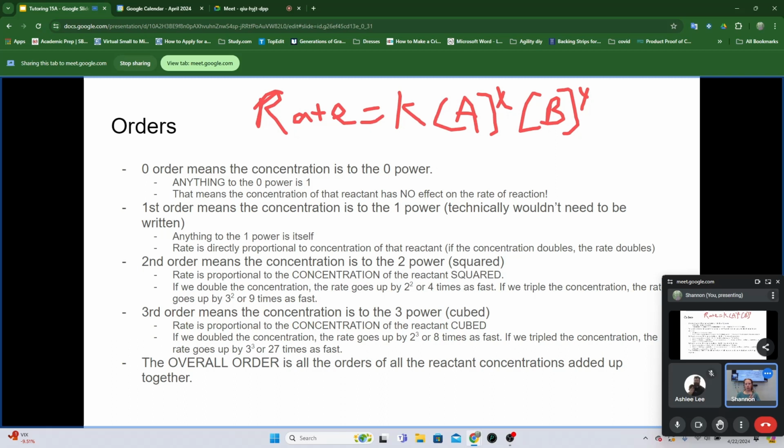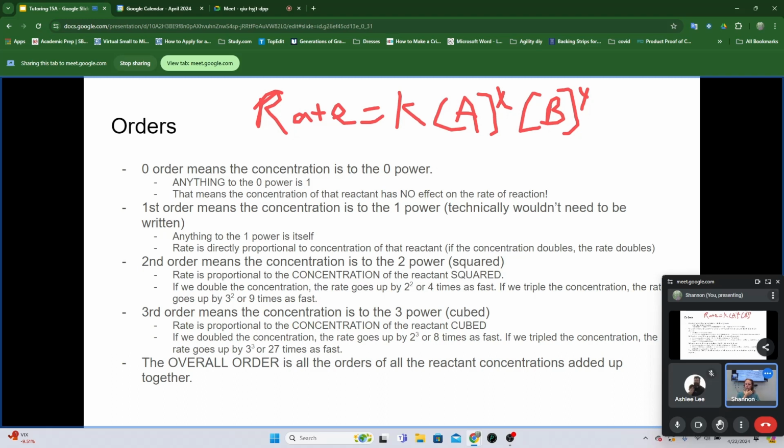Okay, all right. Third order, we get a lot fewer of those, but third order would mean that it is to the 3 power, or it's cubed. Okay, so if we doubled the concentration, if we went from 1 to 2 molar, then the rate would go up 8 times as fast.